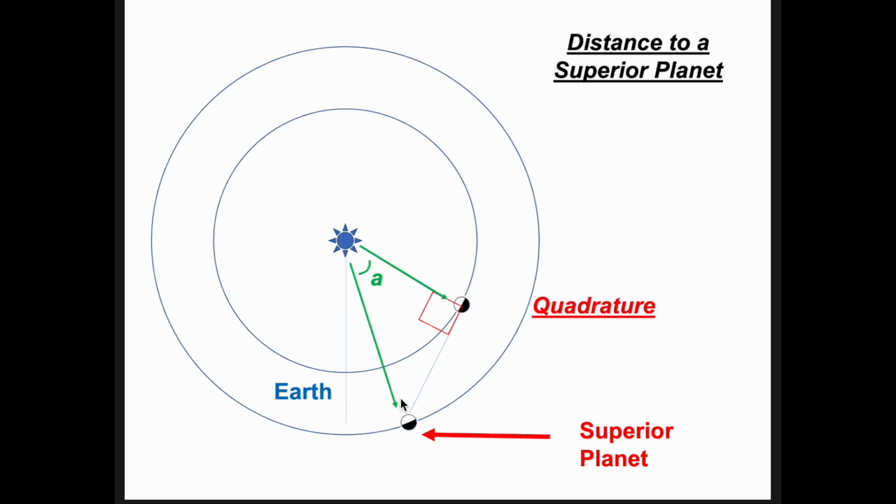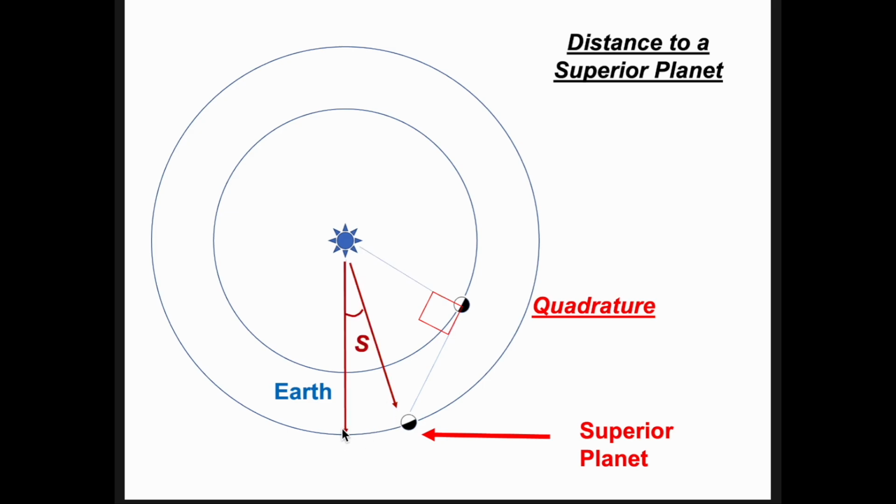Now, it would be great if we had this angle here, but the only way to get that is to literally be on the surface of the sun, which is kind of impossible, so we don't know this angle. But Copernicus has a trick up his sleeve.